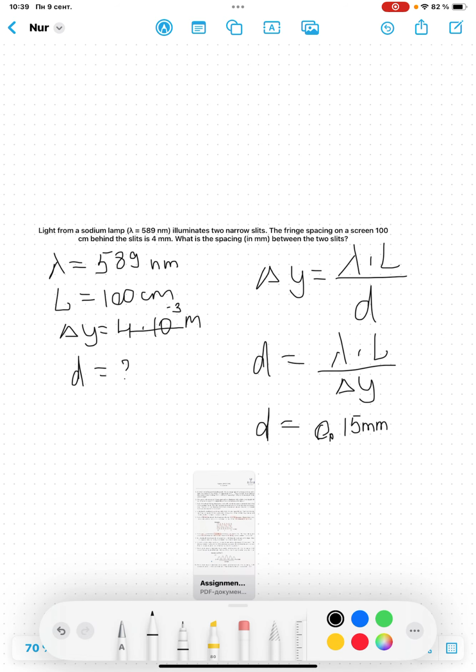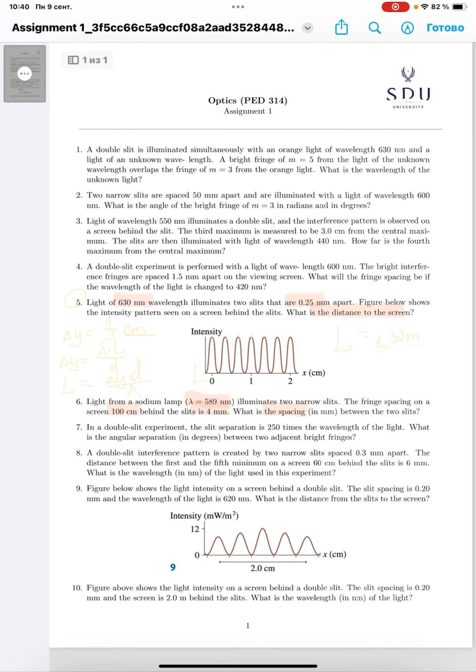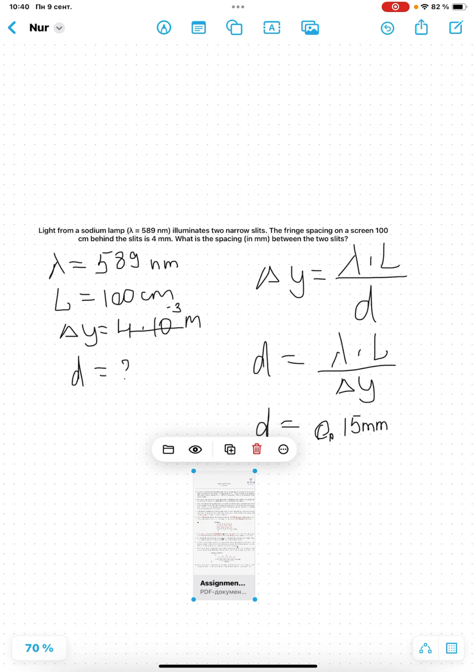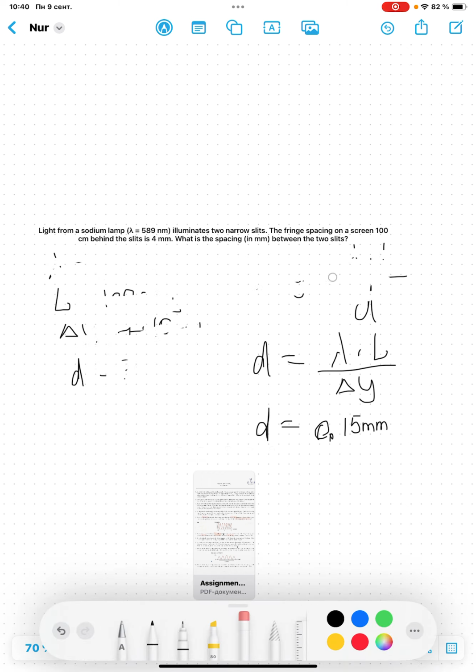Exercise number 7. Number 7, let's copy the given, and let's read the given.